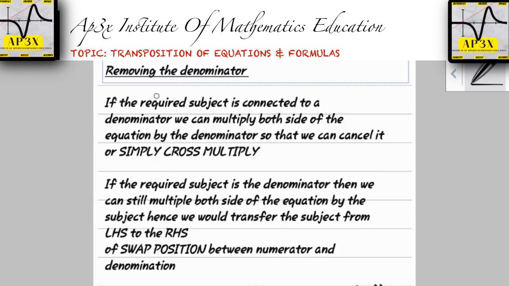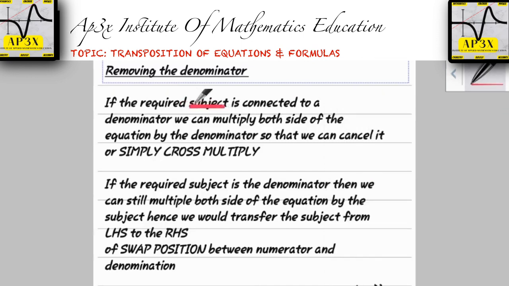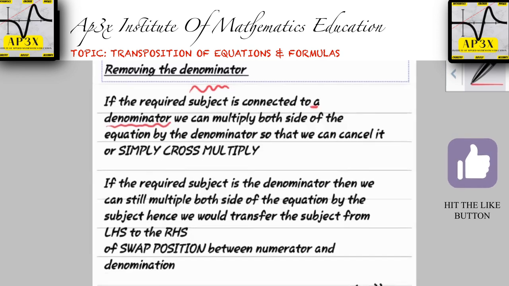It says here that if the required subject, what you're looking for, is connected to the denominator, we can multiply both sides of the equation by the denominator so that we can cancel. Let's do that part first.